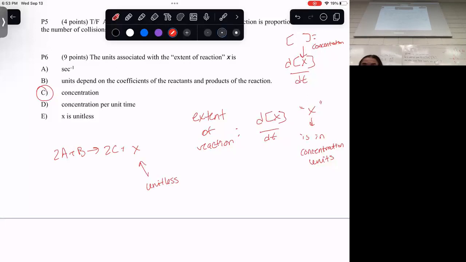But in terms of dx over dt finding a rate, then it's concentration of x over some time. So it's more concentration units than unitless. I would say yes. We're just saying it acts like a product.